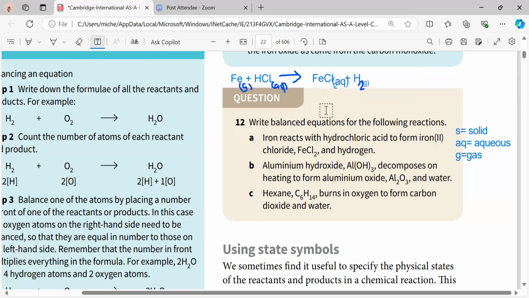It's only for chlorine itself. So we have one Fe on both sides, left and right, or product and reactant. So iron is balanced already, and we don't need to make any changes for that.